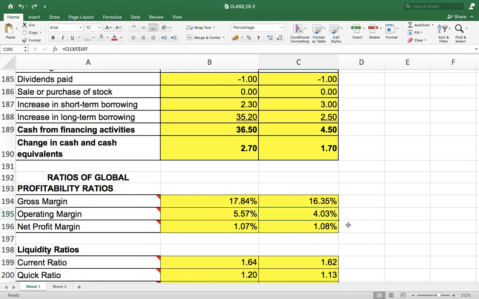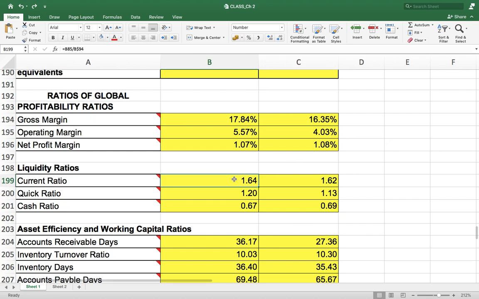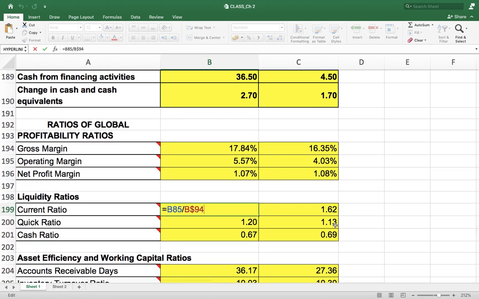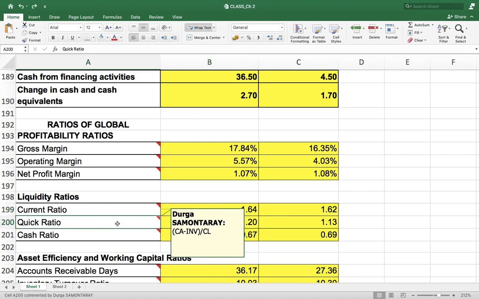All right, students, let us go to the liquidity ratio. There again, we have current asset divided by current liability. That is, the ratio talks about B85 divided by B$94. In quick ratio, let us first see the formula.